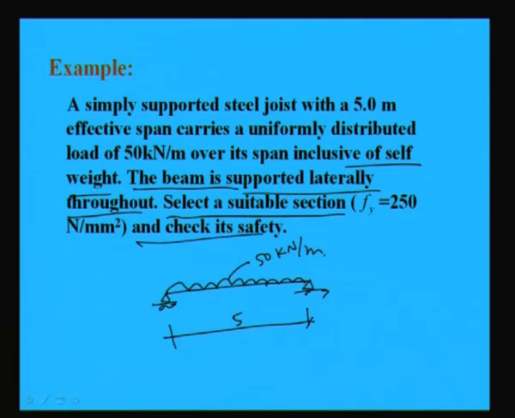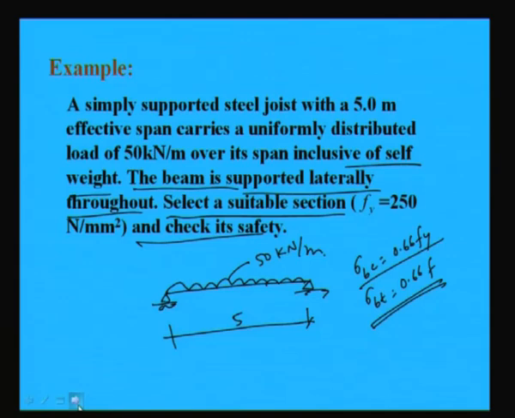Supported laterally throughout means sigma BC will become 0.66 Fy, or sigma BT also will become the same. So, with this consideration we have to design.